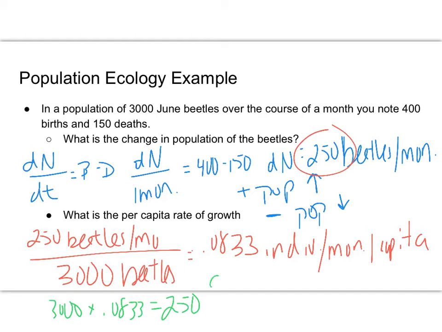So after month 1, and this is important that we go month by month, I have 3,250 beetles in my population.